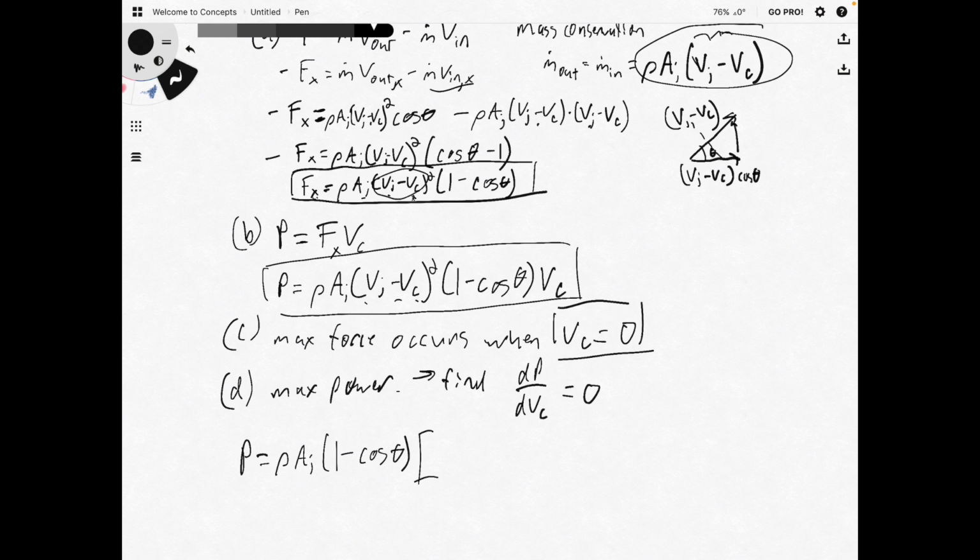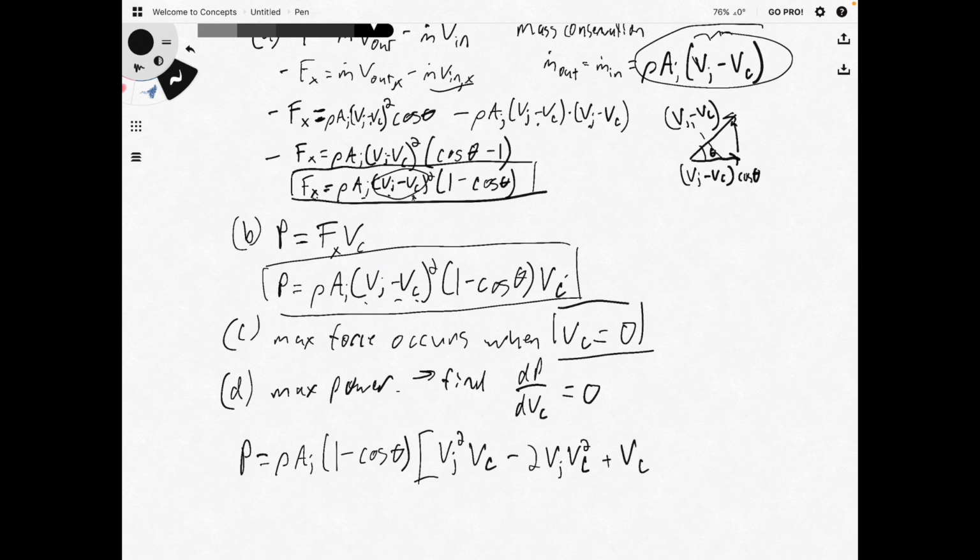And so we're going to have Vj squared times Vc minus 2 Vj Vc squared, carrying over this term from the right-hand side, plus Vc.